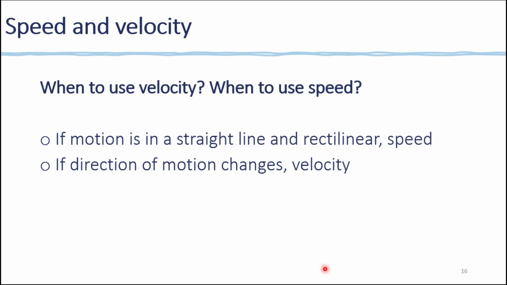And one way to know whether to use speed or velocity is to think of the motion that you're analyzing. So if that motion is in a straight line and it's rectilinear, then you can use speed. If, on the other hand, the direction of the motion changes, then you need to use velocity because you need to add in that component of direction that's going to factor in the motion changing directions.